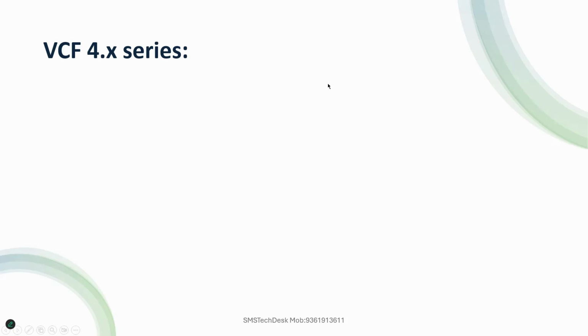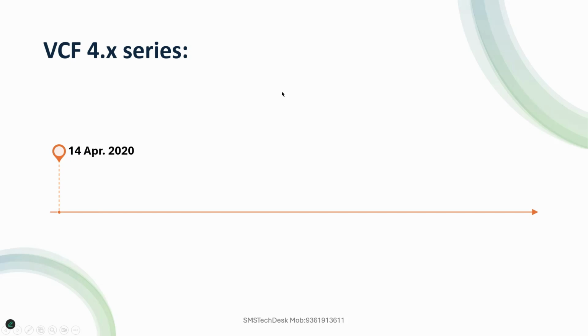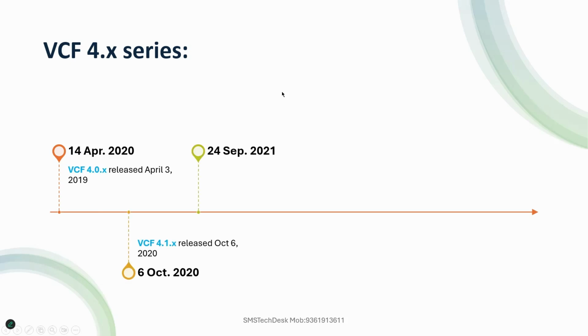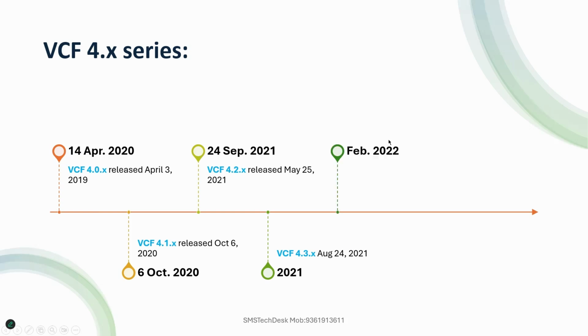Then comes VCF 4.3, released in 2021. This is an important version in the 4.x series because VMware started focusing on more modern applications and platform features. After that, VCF 4.4 was released in 2022, and then VCF 4.5 also in 2022.